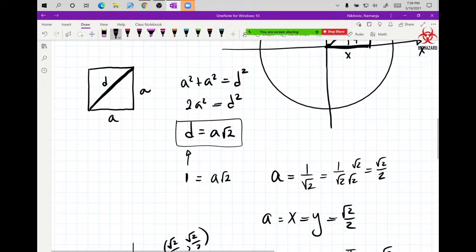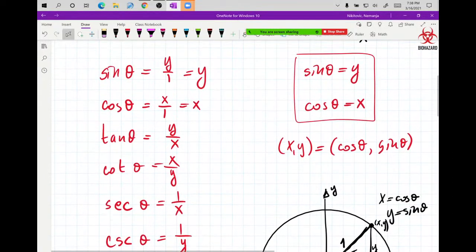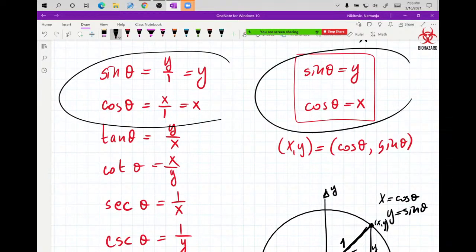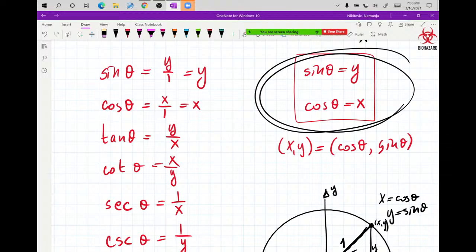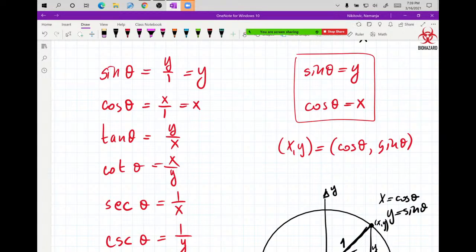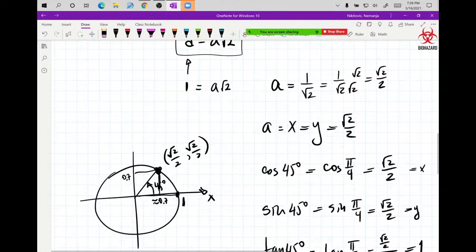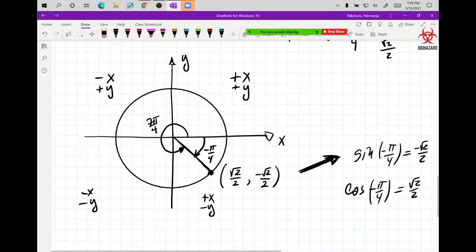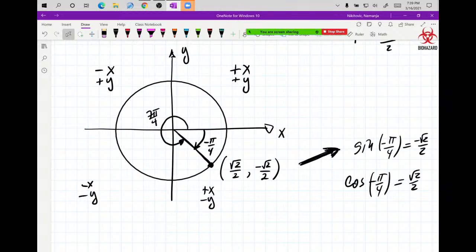Remember, we derived earlier, right here, that sine is y and cosine is x. So we just read that off of the circle. I don't have to do any calculations, right? I just look at it and I know immediately.